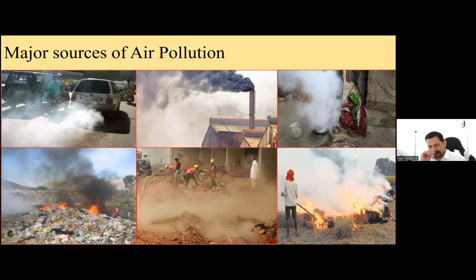That is because transportation is one of the important sectors in any city or region, so you'll find somewhat better data than for other sectors. There are some sectors which are highly uncertain: industry, waste burning, construction, and crop burning.